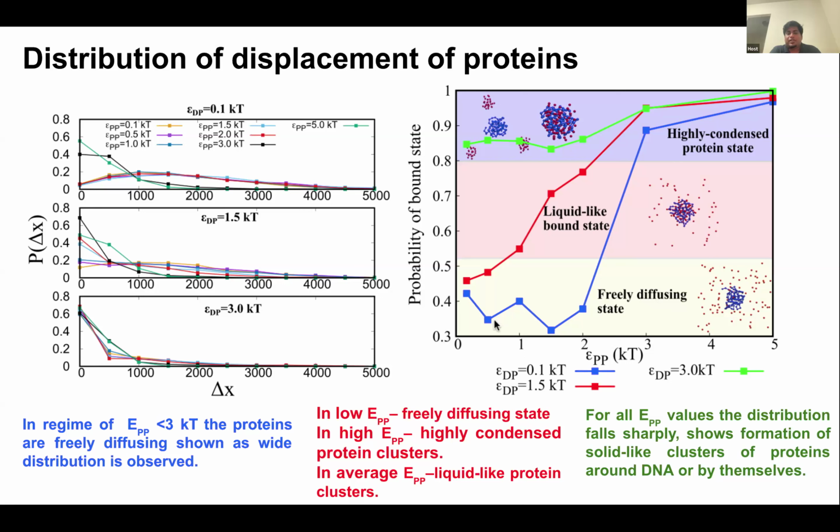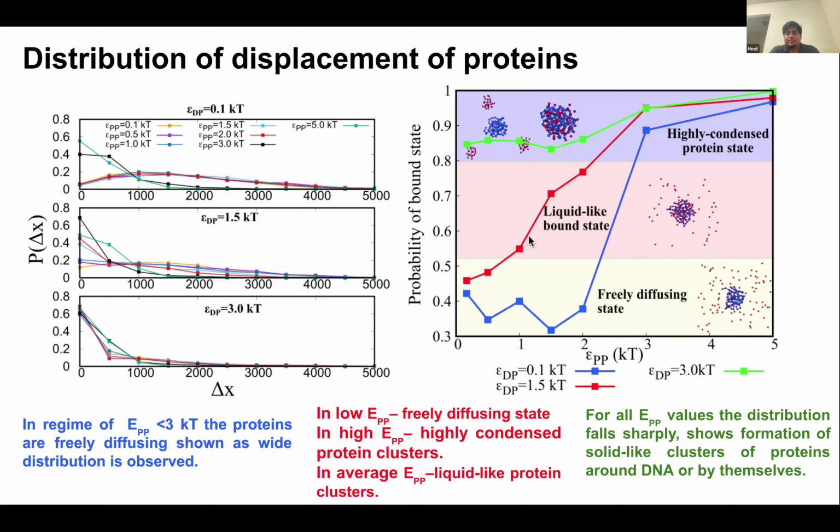For free diffusion, you can see the probability of binding is very low, like 0.04. So randomly they come, form an interaction and bind with a given protein-protein interaction. A liquid-like bound state is what we ideally require. It means the proteins are liquid-like, and they can perform their function in the DNA repair region.